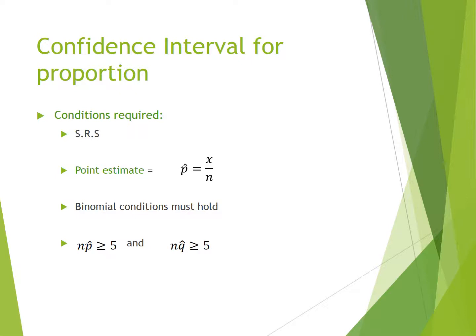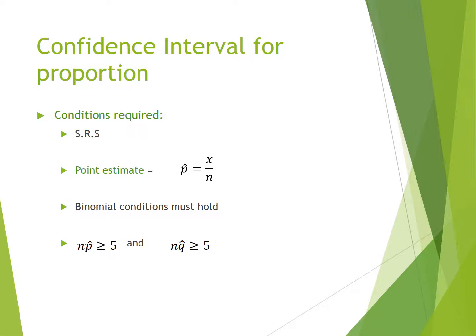And if we're going to do this approximation, then n times p hat has to be greater than or equal to 5, and n times q hat has to be greater than or equal to 5. We're going to see that the new Minitab 17 and Minitab 18 both do the exact method, so we don't have to do this normal approximation.